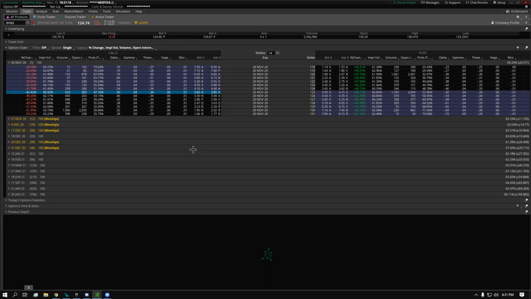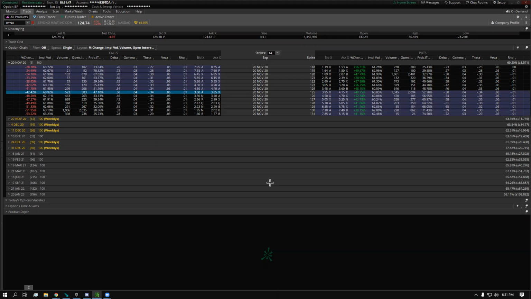So right now, if BYND opens at the exact same price, this contract will actually open $34 lower. Because this is just time decay, and all it's telling you is that the closer you get to expiration, the less of a chance you have to actually be in the money or hit your strike price. That's all theta is doing.